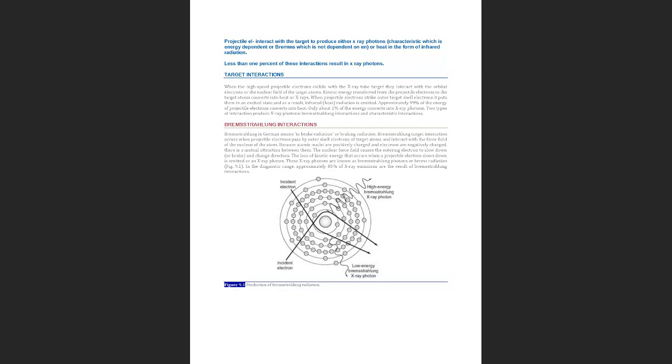Now this one, say it came in with that same 90 keV of energy, and it exited with 40 keV. Then the difference between that 90 and 40 is 50. So now I would have a 50 keV energy X-ray photon. So this would be a high energy X-ray photon. Obviously we can have higher energy than that, but you get the idea between the two.